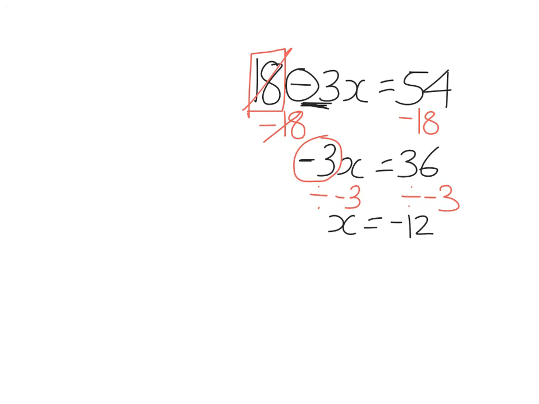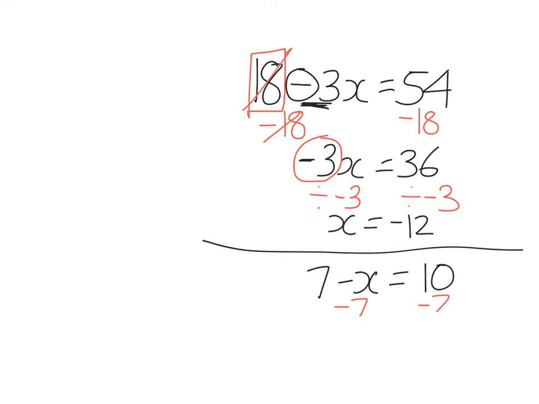36 divided by negative 3. If you were to have something like this, say 7 minus x equals 10, we do this similarly. We're going to subtract 7 from both sides because that's how we undo the 7, because it's a positive 7, and we're left with minus x equals 3.